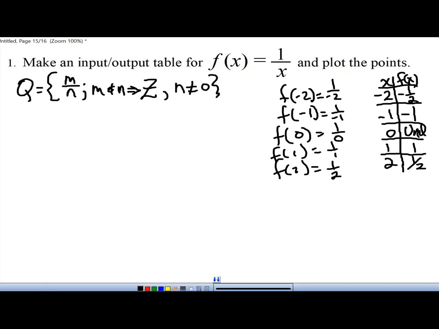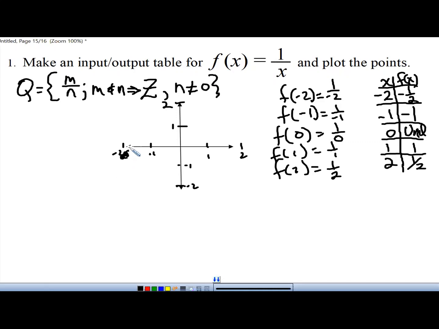So if we plot and graph those, here we go. Kind of crooked. Okay, let's see. Right there. So I'm going to space this out. So I'm going to go -1 and -2 and 1, 2. Okay, so let me plot those. -2, -1/2.